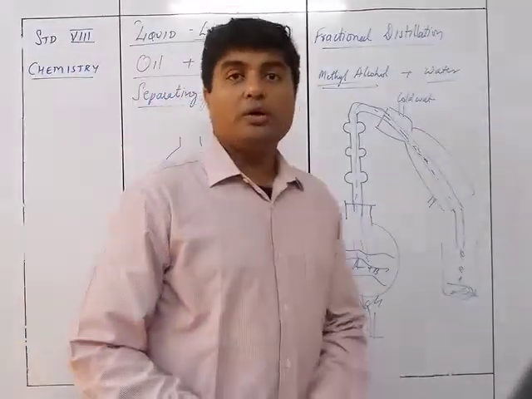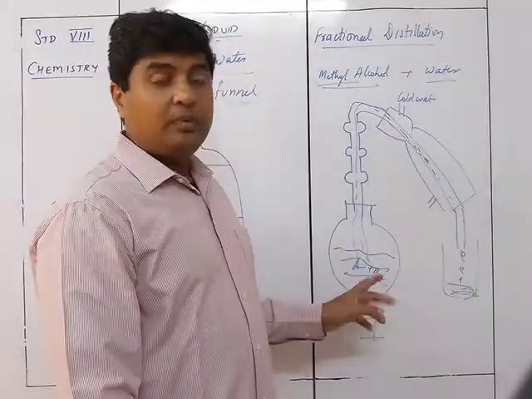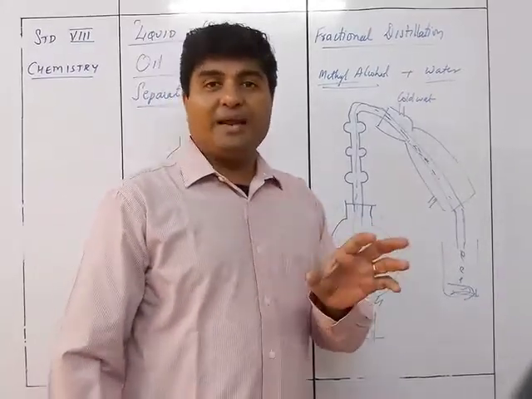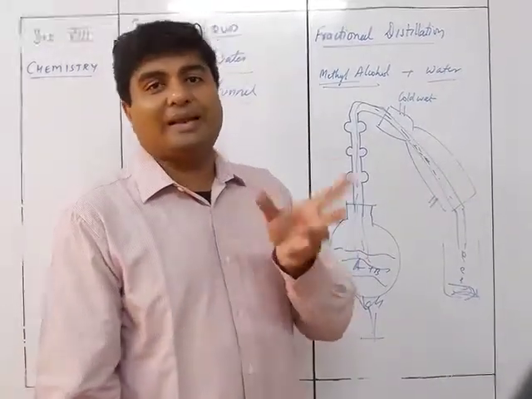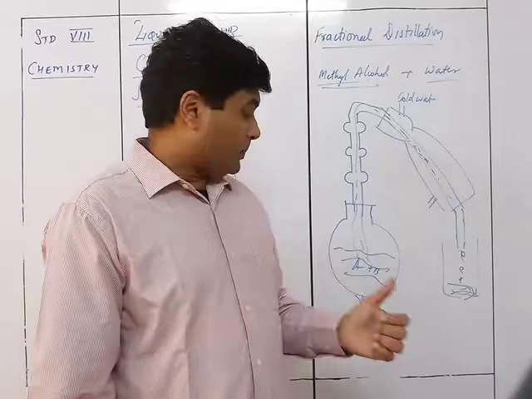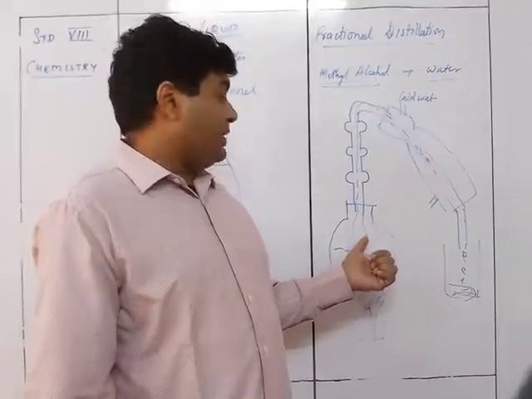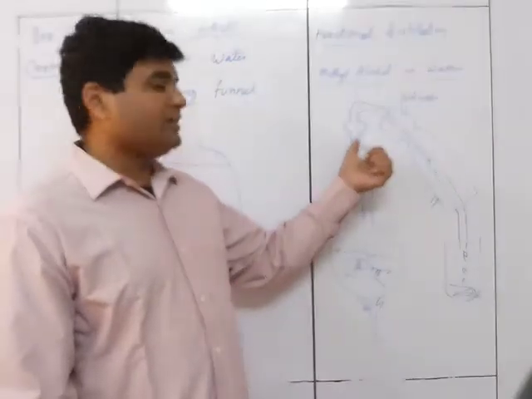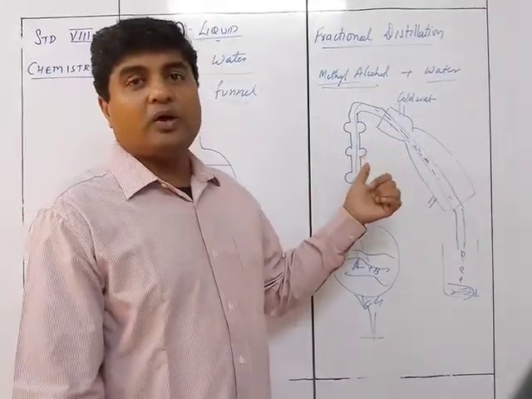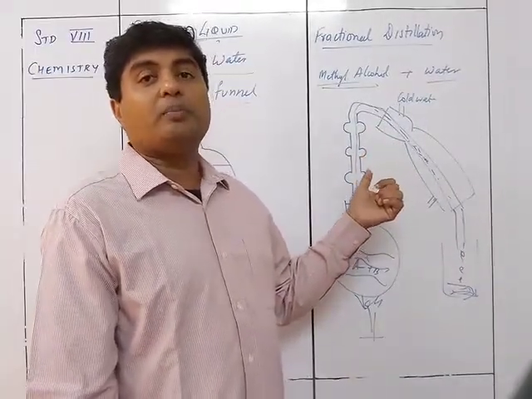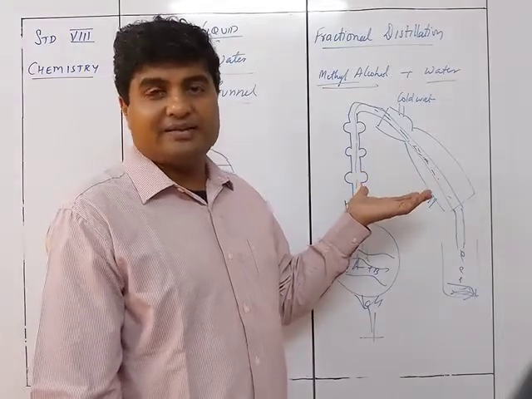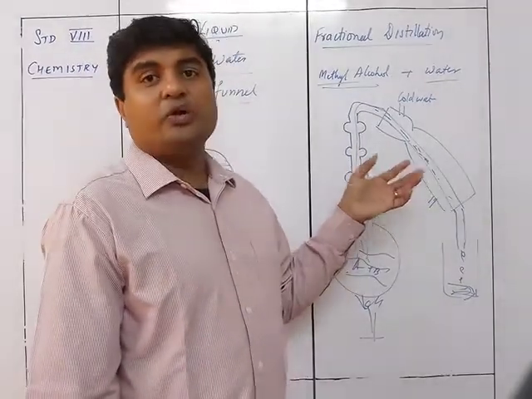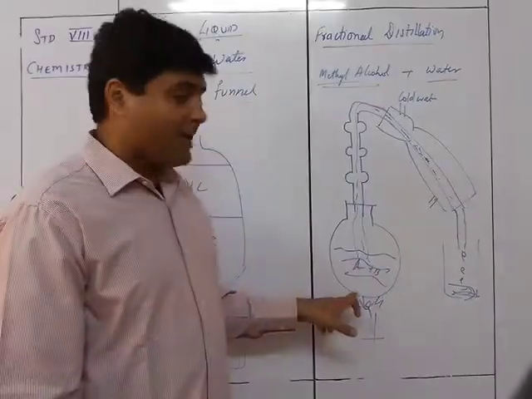Got it? So you are heating both of them. One of them is getting completely converted into gas, the other one is partly gas and partly water. The water part which is going upwards, as soon as it comes to this area, which is slightly cooler, has not reached 100 degrees Celsius, its boiling point, so it will condense and fall down.